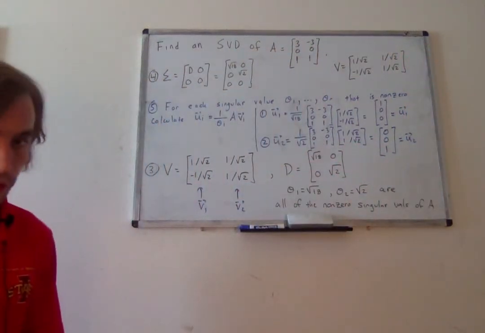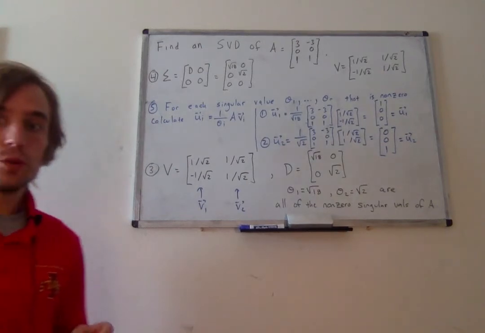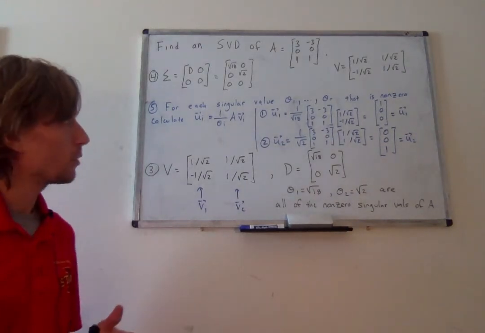So we've got U1 and U2, but remember, we want U to be an M by M matrix.